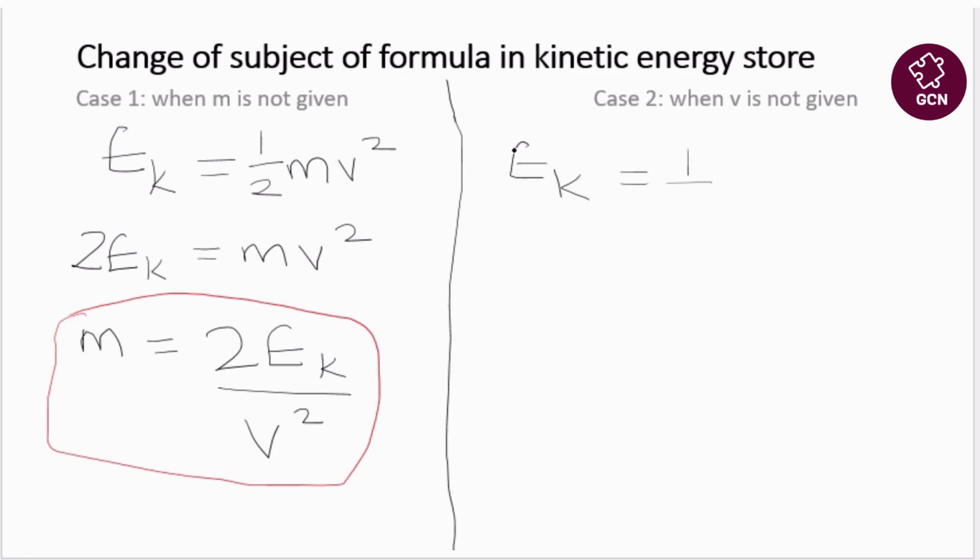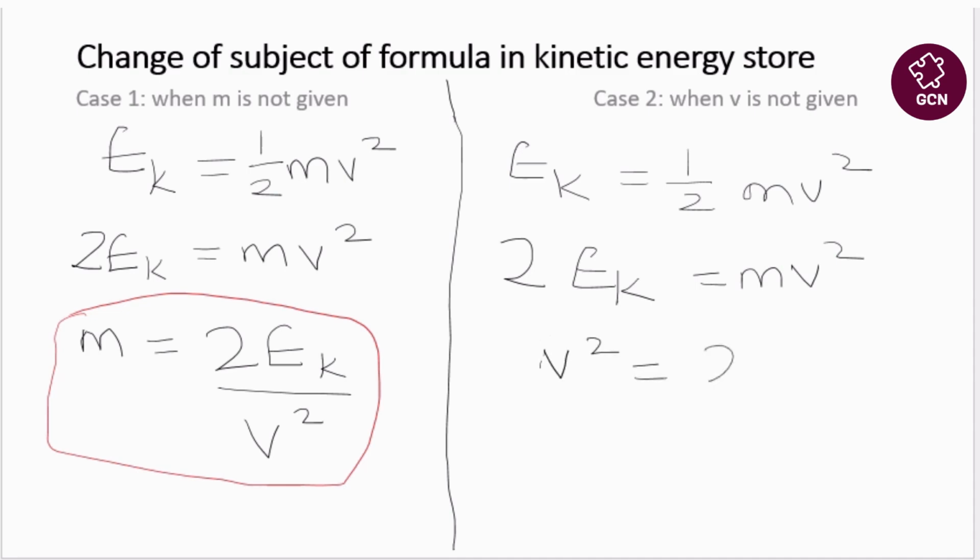So you recall half mv squared, and it's the same process, multiply both sides by 2, and then we make v, in this case, the subject of the formula. So we have 2 E subscript K over m.